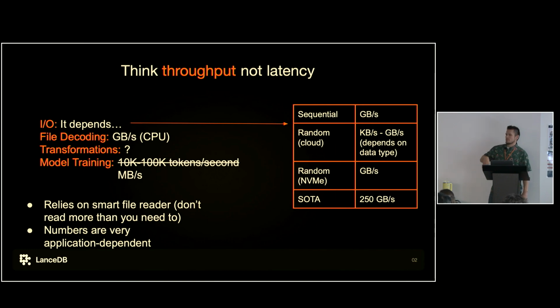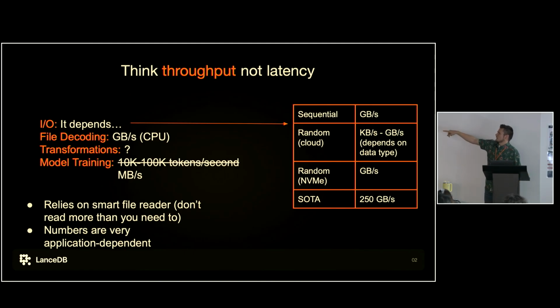When we talk about transformation, sadly, everyone always just refers to it in rows per second. And then we talk about the model training, and now we're talking about tokens per second. These things can all be converted back and forth if you're willing to fudge and make some assumptions as to how big a row is and how big a token is.